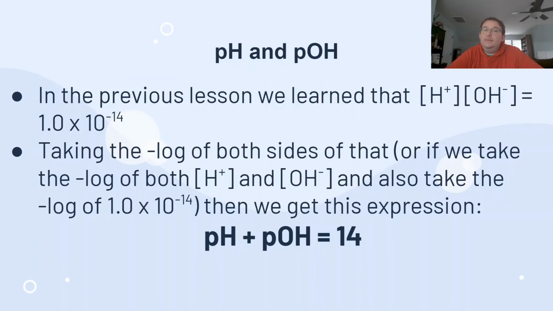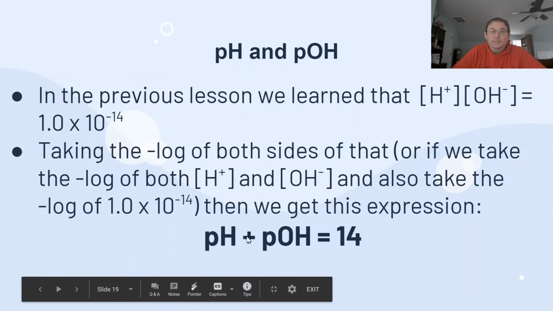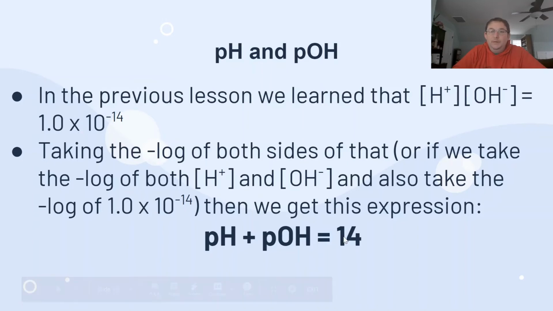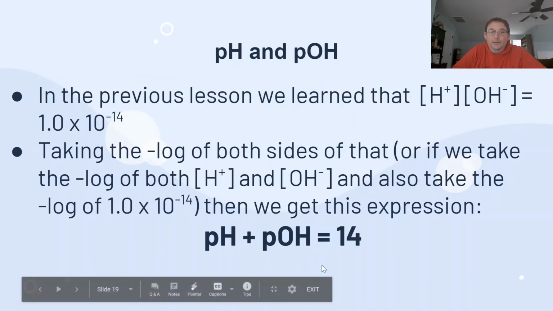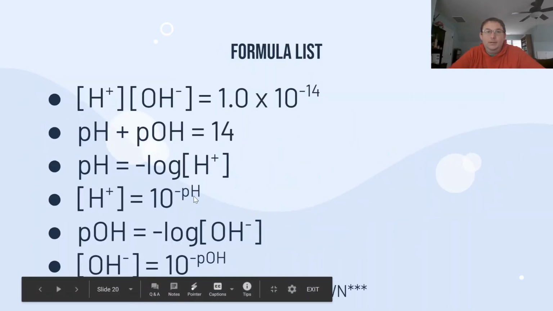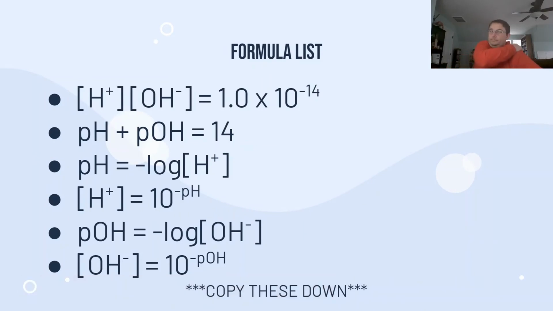If we take the negative log of both sides, which includes 1 times 10 to the negative 14, we're going to get that the pH plus the pOH is equal to 14. So this is another formula that you're going to need to add to this long list that I have summarized for you here. So I would go ahead and pause the video and copy these down. We're going to use them on the next slide.